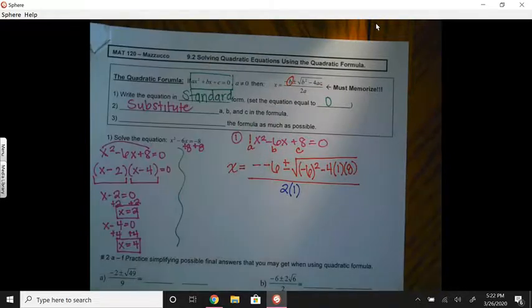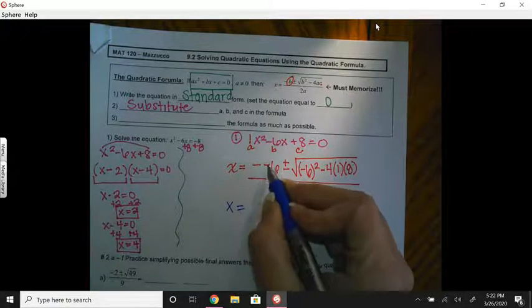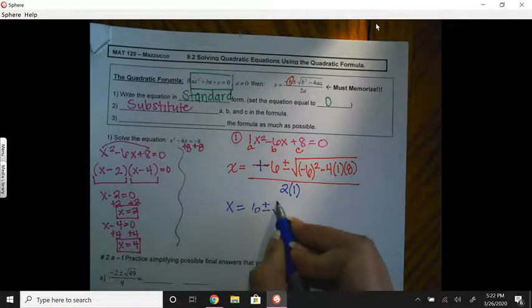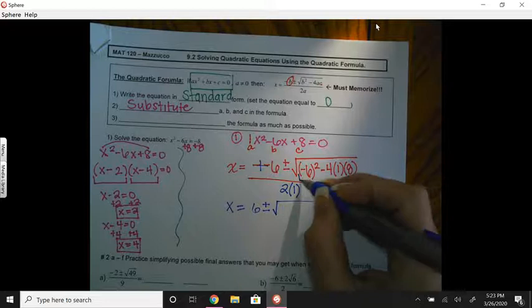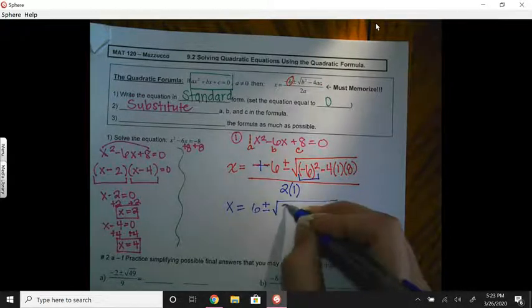Okay, so now it's just a substitution problem. Now all we have to do is evaluate this using our order of operations. First of all, this means the opposite of negative 6, so this is going to make a positive 6. And then order of operations, we would do exponents first, so negative 6 times negative 6 is 36.